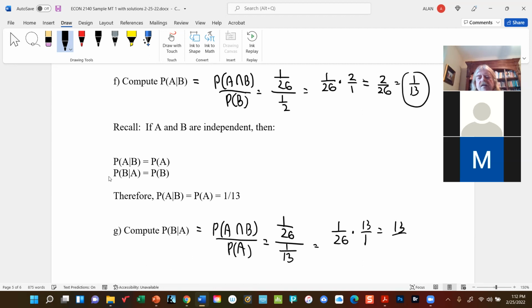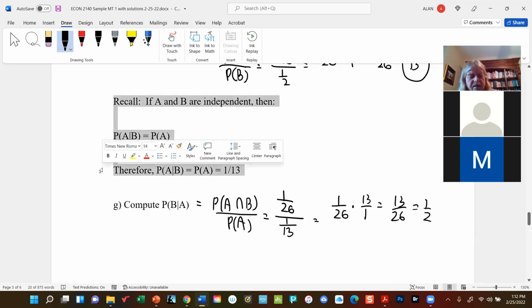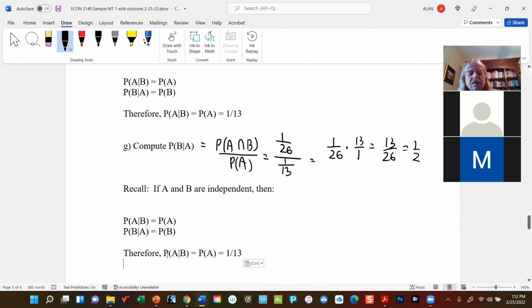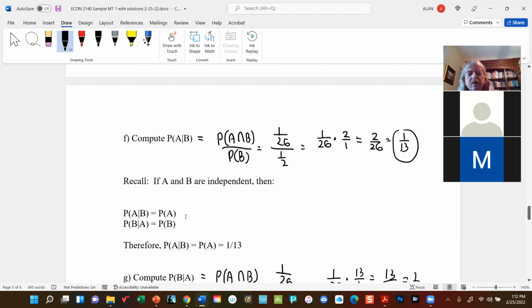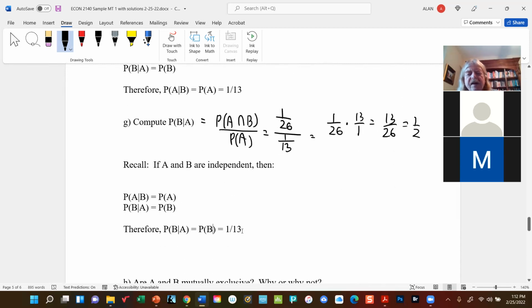And so that's 13 out of 26, which is a half. But you might recall that we do know these are independent events. So therefore, the probability of B given A is the probability of B, which we already know from up here is a half. So we've got two alternative ways of getting to the same result.